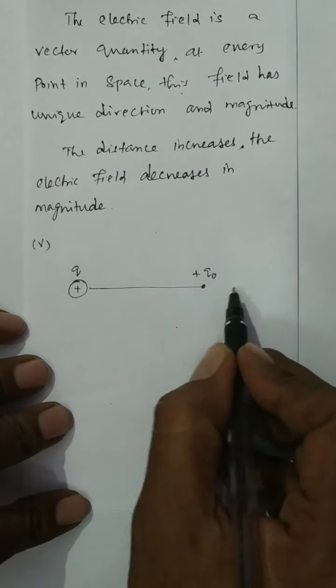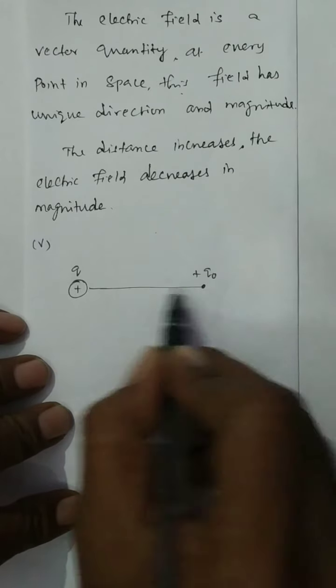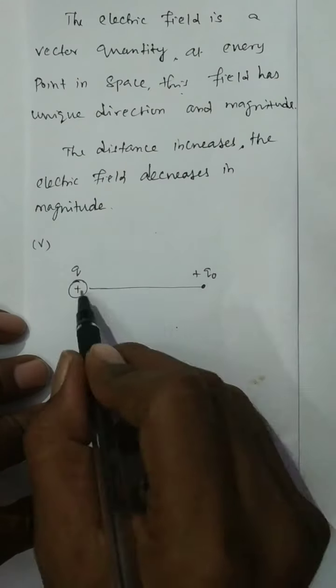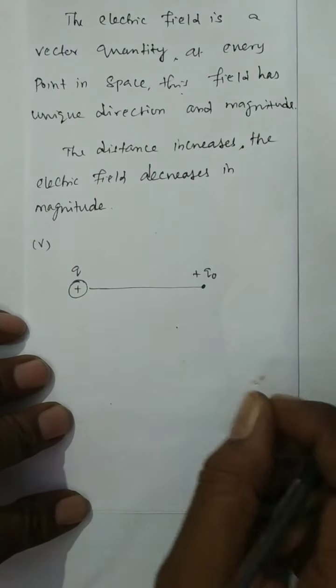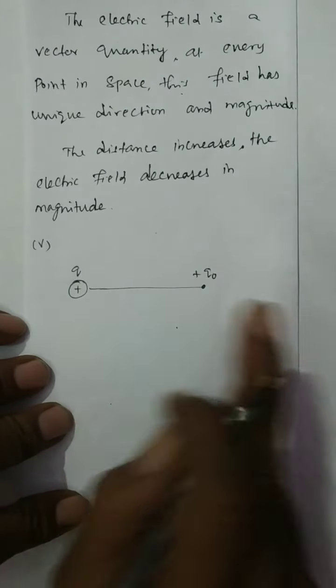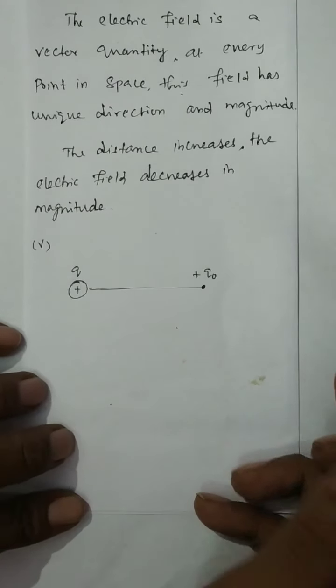Suppose you are bringing this Q naught from somewhere else. It may change the position of the source charge, so it should not affect the source charge. That is what we can conclude.